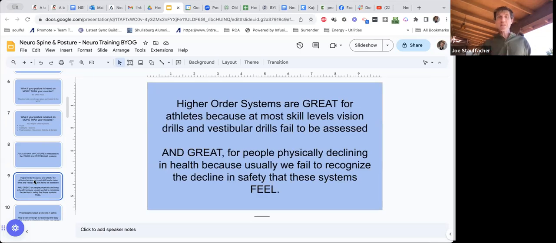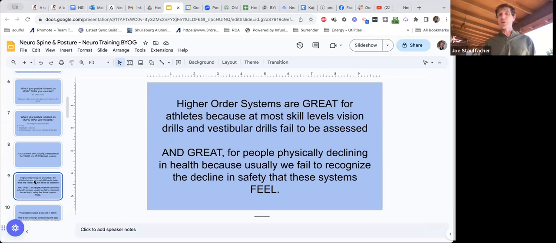So these higher order systems are great for athletes, because at most skill levels, vision drills and vestibular drills fail to be assessed, right? Your basketball coach wasn't having you train your vestibular system and your balance system. And even some of the ways where they tell people to stand on something and practice to see your balance, that can be more threatening if you haven't done the foundational work of testing your vestibular system out to see where you're at, right?